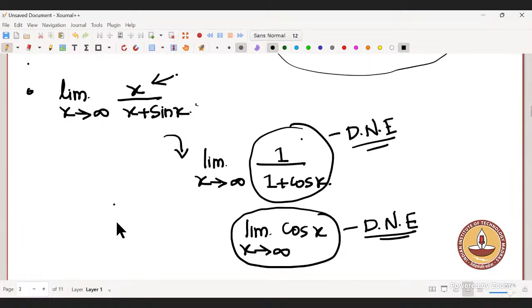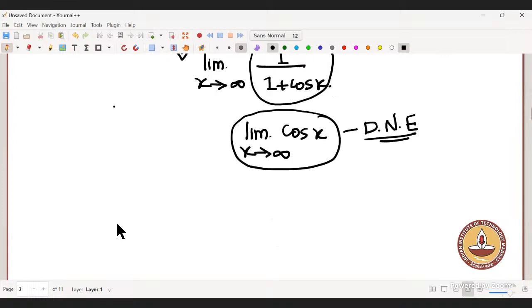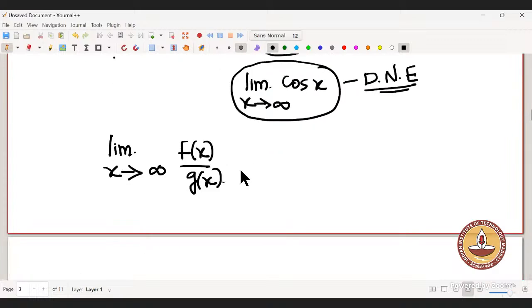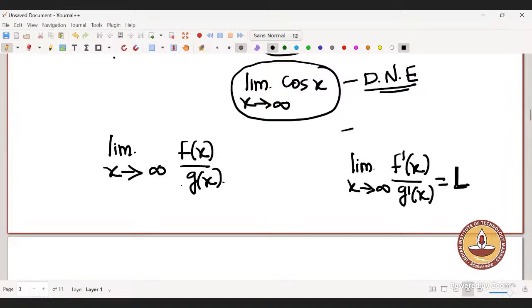We have to see what L'Hopital's rule says. When f of x by g of x is in indeterminate form as x tends to infinity, and the limit of the ratio of derivatives exists and equals L, then the original limit is the same as L. If this doesn't exist, then L'Hopital's rule says nothing.